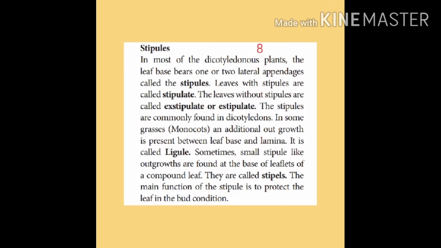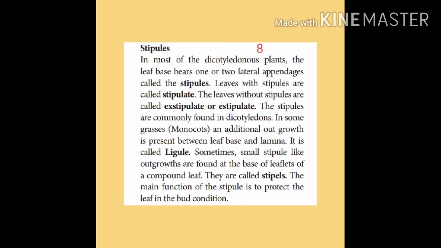If stipule is present, the leaf is described as a stipulate leaf. If it is not present, it is an exstipulate leaf. In some grasses, an additional growth is present between the leaf base and lamina.